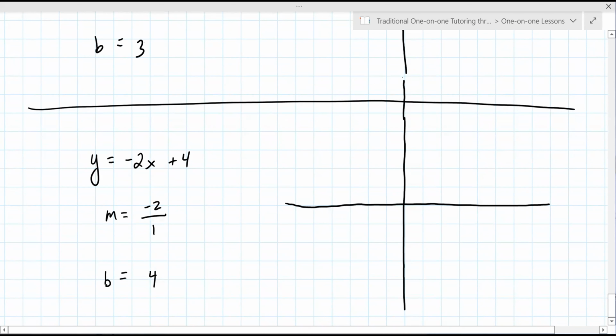You don't have to tick these out. Generally it'd be great if you had graph paper, but maybe get some for next time. But I want you to try graphing this on your own, please. And then I'm going to graph it and you can see how you did compared to that. Any questions on that? No, I don't think so.